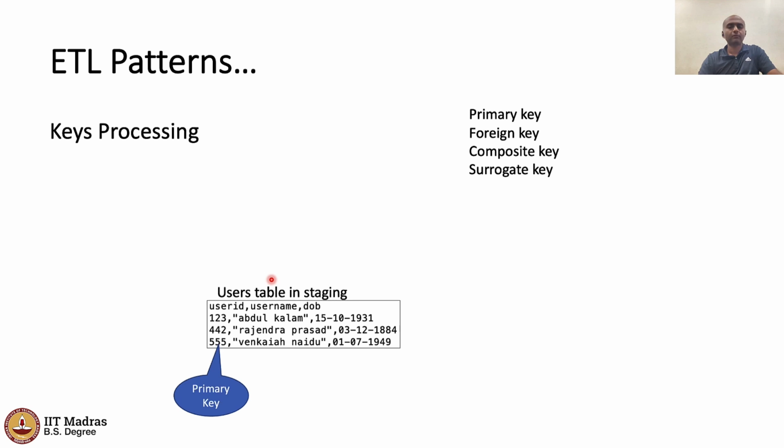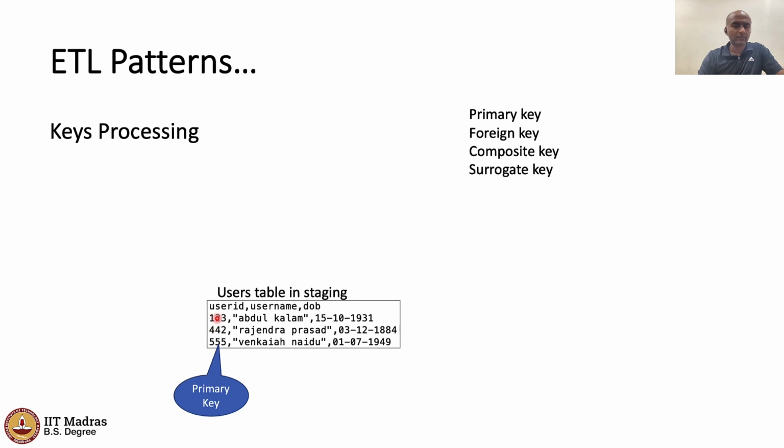If my domain of business, where this users table is being created, updated and maintained, uses the user ID in a way that's unique, then automatically that can become the primary key for this table. So let's assume that's the case. So the user ID column is the primary key.